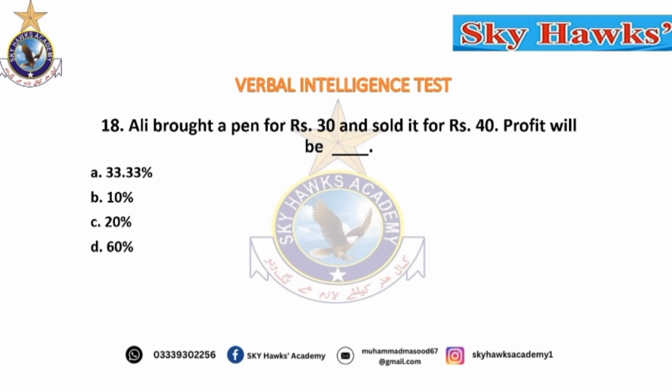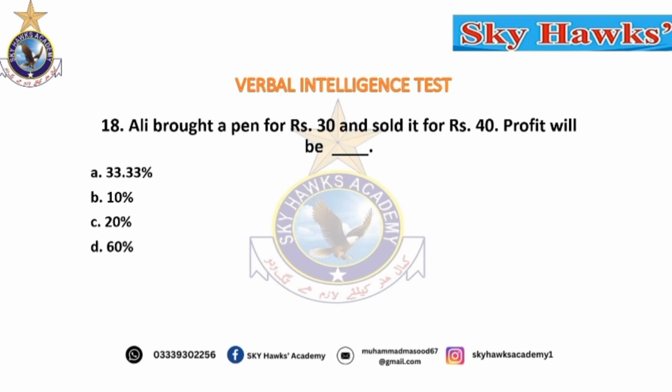Now here we have some steps. First of all, you have to find out the main amount, that is 30 rupees, right? And we have sold it for 40 rupees. To find the profit percentage, we need to calculate the profit and then express it as a percentage of the cost price.